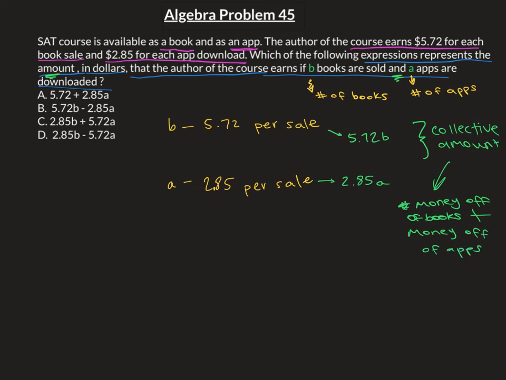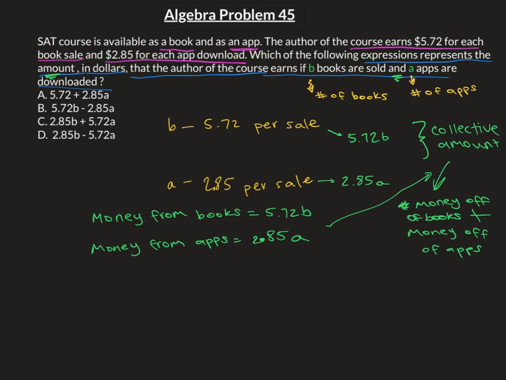So the money he made off of books and the money he made off of apps added together. Money from books is equal to $5.72 times B, and money from apps is equal to 2.85A. Now we take this and add them together.